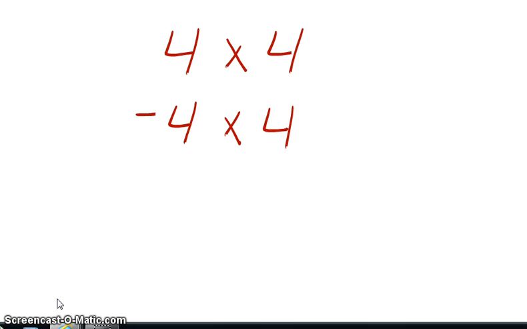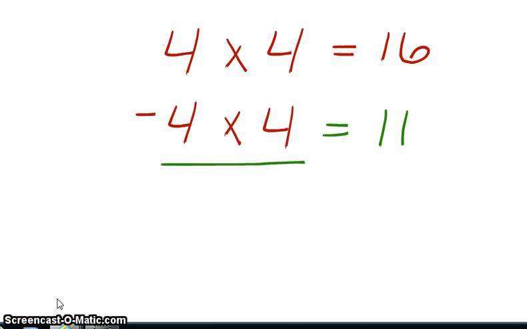Now let's look at a case where signs are different. Again, 4 times 4, we know that is 16. But if we look at the problem underneath, negative 4 times 4, signs are different. We multiply 4 times 4 together, we get 16. Signs are different though, so we know our answer is negative 16.